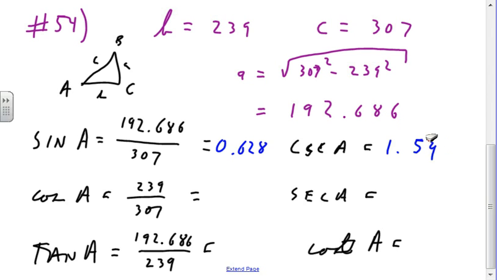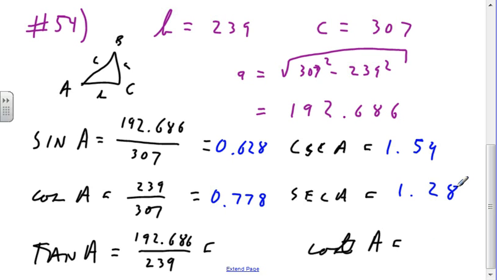Okay, I've got 239 divided by 307. I've got 0.778, and because the 8 is even, I'm not going to round it up. 1 divided by my answer, I have about 1.28.